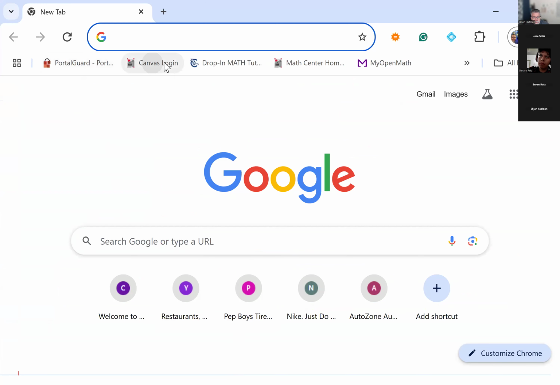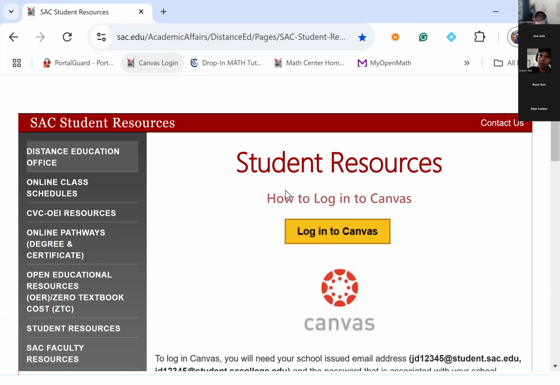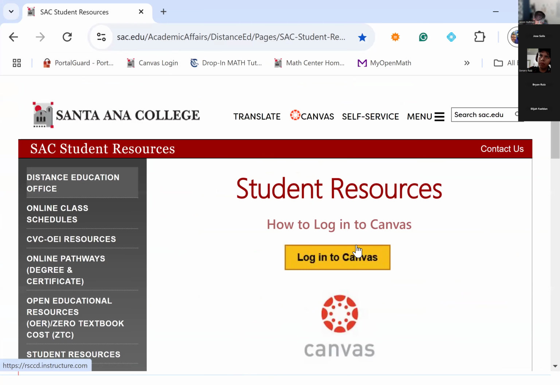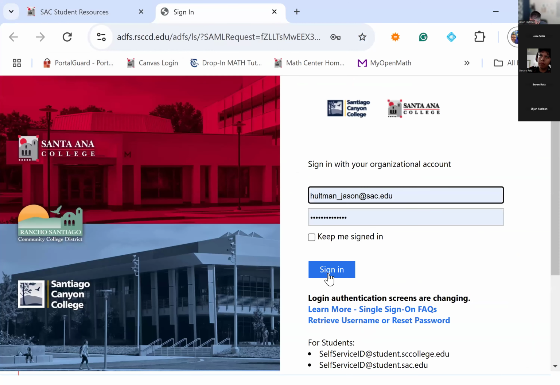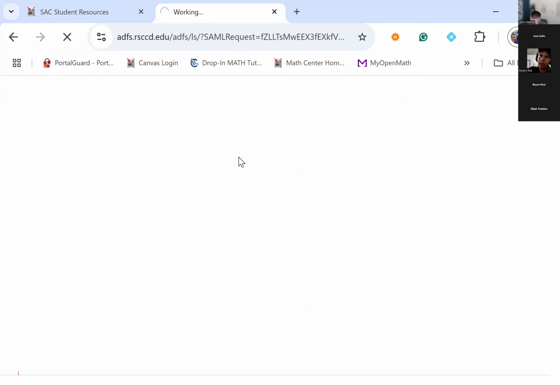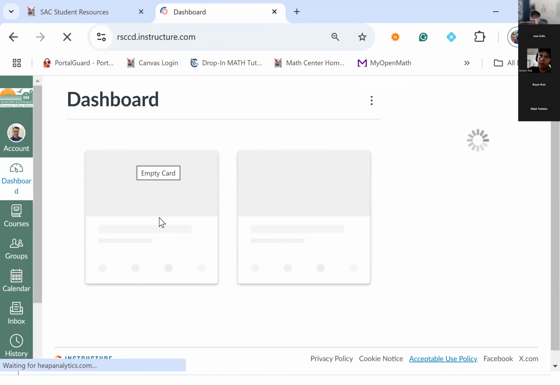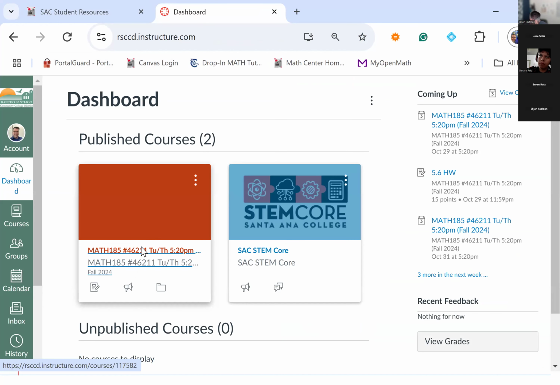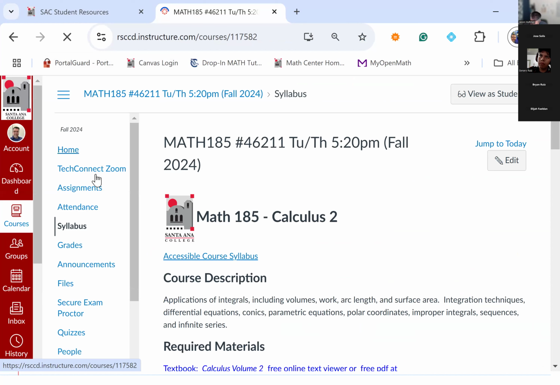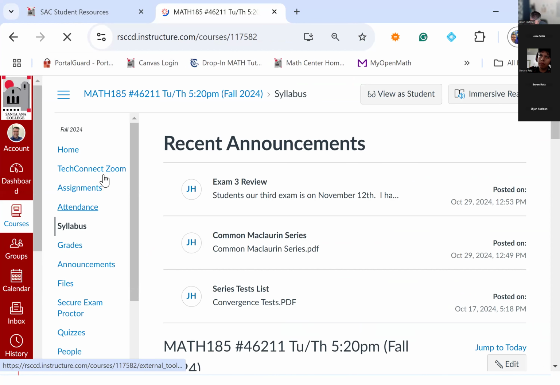If we go into Canvas, I shared with you some common Maclaurin series. We could generate all of these if we really wanted to. So, common Maclaurin series, here we go.